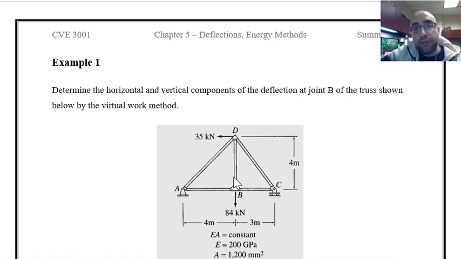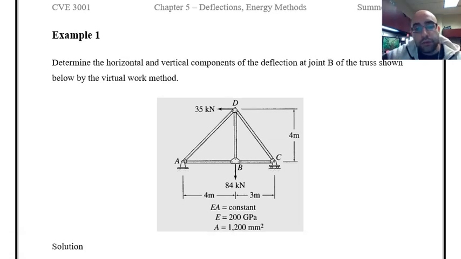So I have to have two analyses for the virtual load. One is when we consider a virtual vertical unit load at point B, and the other one a virtual unit load for the horizontal deflection at point B. As you may remember, I said the good thing about these energy methods is that it is easier to use them in comparison to the geometrical methods for finding the deflections.